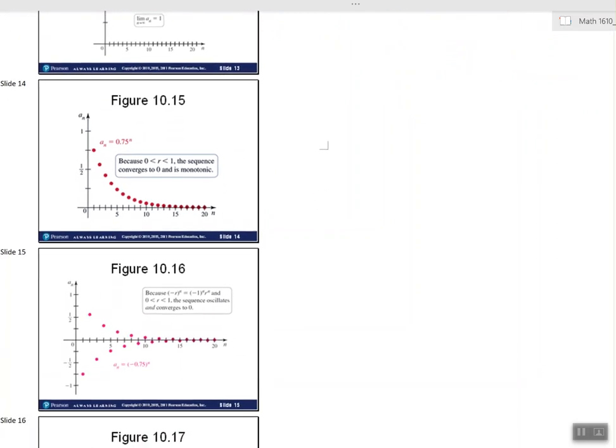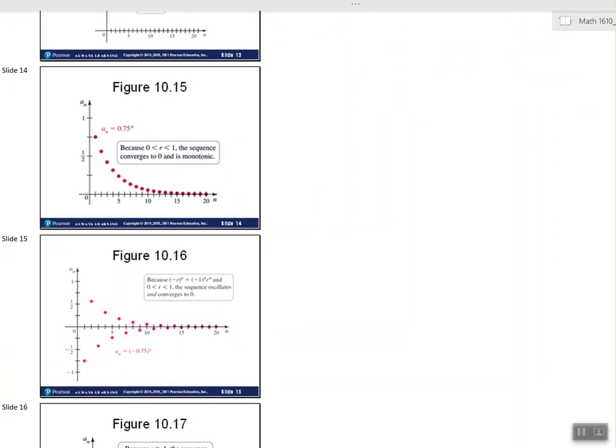Another kind of sequences that are of interest are geometric sequences. You will see the definition in a minute. So here you have a_n to be 0.75 raised to the power n.